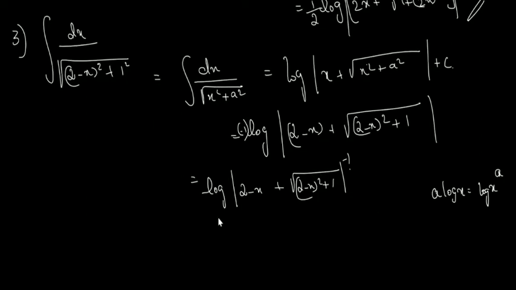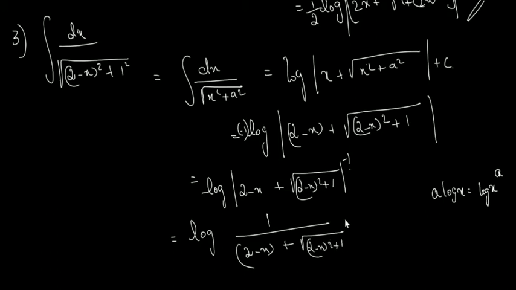So if it is minus 1, you can write it as 1 by, isn't it? x power minus 1 is 1 by x. So this is log of 1 by 2 minus x plus root of 2 minus x the whole square plus 1, plus c. That's the answer. So the answer will change if you don't put the minus sign here. You will get only this as the answer. That is not the answer because the coefficient of x is minus 1.